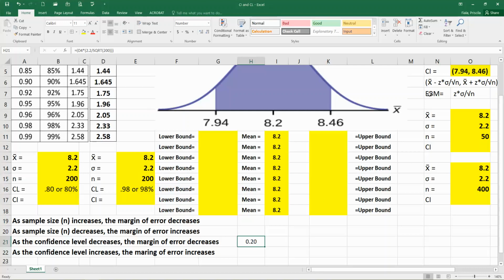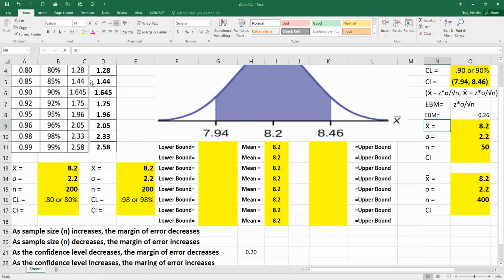If you remember from the other problem that we finished, problems 6 to 12, your error bound margin was 0.26. Do you see, as we decrease our confidence level from 90% to 80%, your error bound margin went down from 0.26 to 0.20.